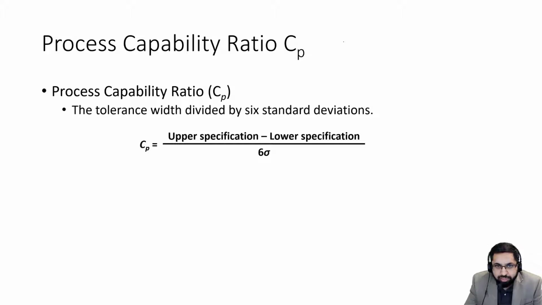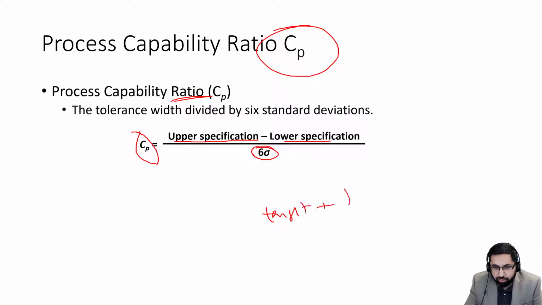Now we measure process capability by two metrics. The first one is called the capability ratio, and the capability ratio is simply the upper specification minus the lower specification over 6 sigma. Upper spec is whatever the target value is plus the tolerance.